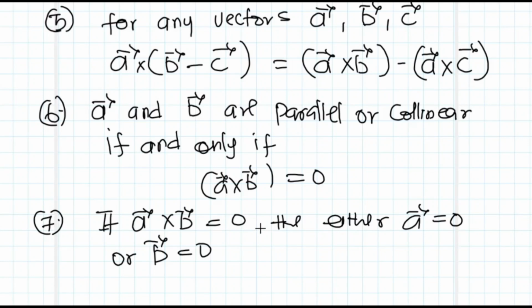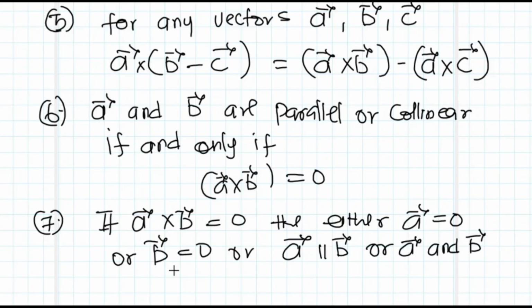Or we can also have that A is parallel to B, or A and B are collinear. So those are the conditions for A cross B equals 0: A equals 0, B equals 0, A is parallel to B, or A and B are collinear. And these are the 7 properties of vector products that we have.